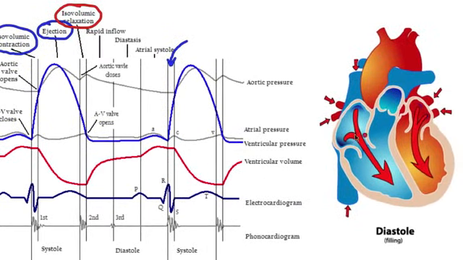You can see here during relaxation, this is where the filling happens. Blood is coming back from the body, blood is coming back from the lungs and entering the ventricle. So the ventricular volume is going to start going up again. It's going to increase, as you see here, until we get that P wave again, which causes atrial depolarization, and the cycle continues.